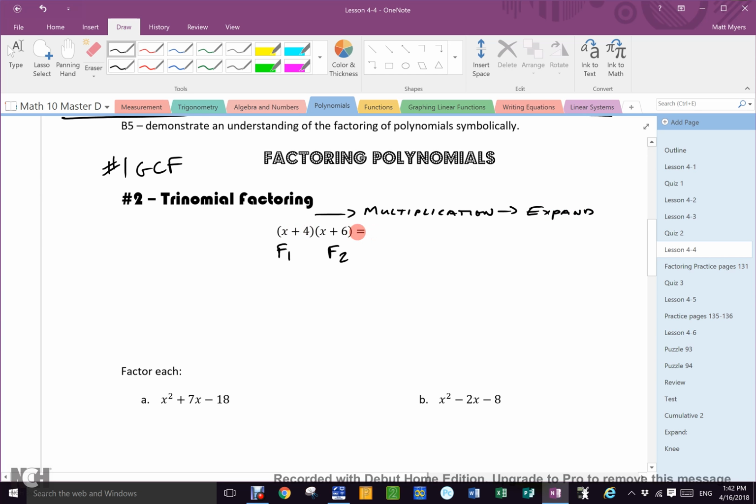So, since we have no coefficients, we can do the shortcut, right? So that means we're going to get x squared plus 10x plus 24, correct? Right? I knew this number because it was 4 plus 6. I knew this number because it was 4 times 6, right?